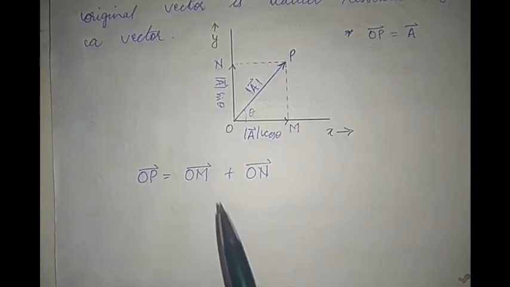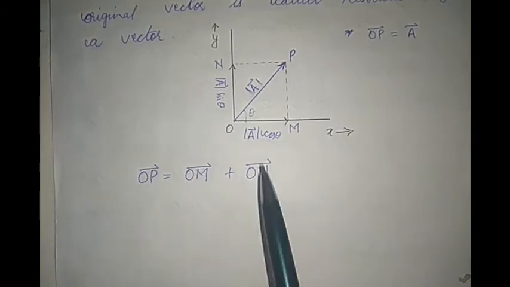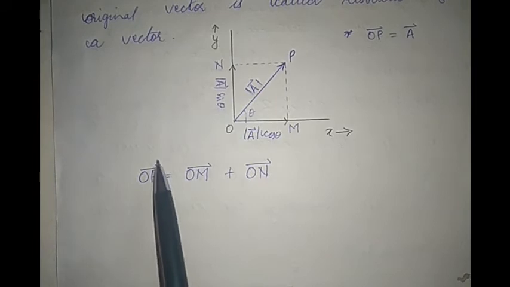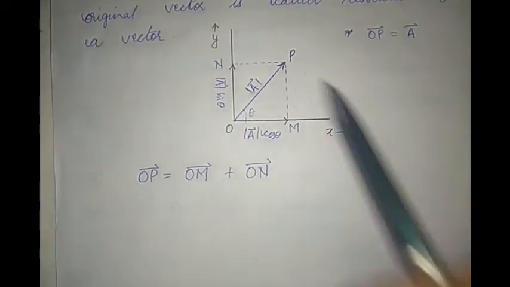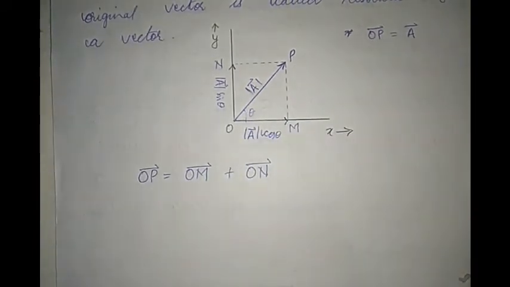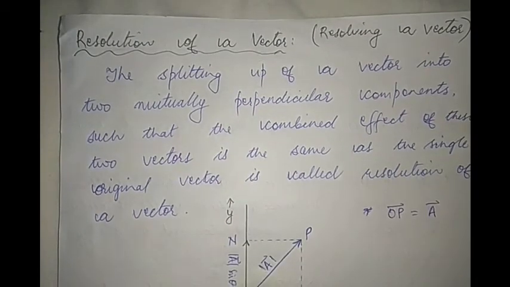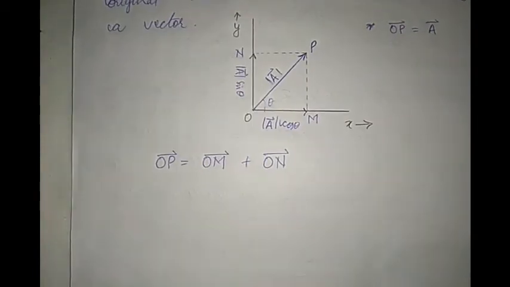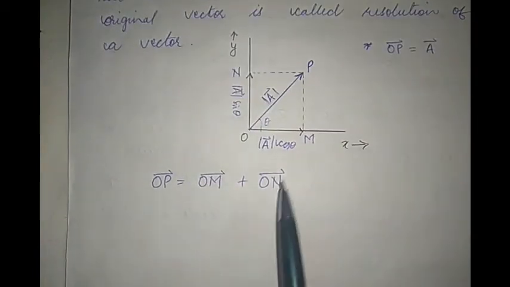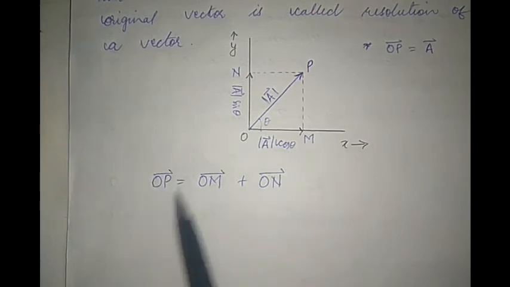So the combined effect of these two vectors gives us the single original vector OP. And this is exactly what resolution of a vector tells us. Here we get that OM plus ON, these two vectors combined, gives the same single original vector.